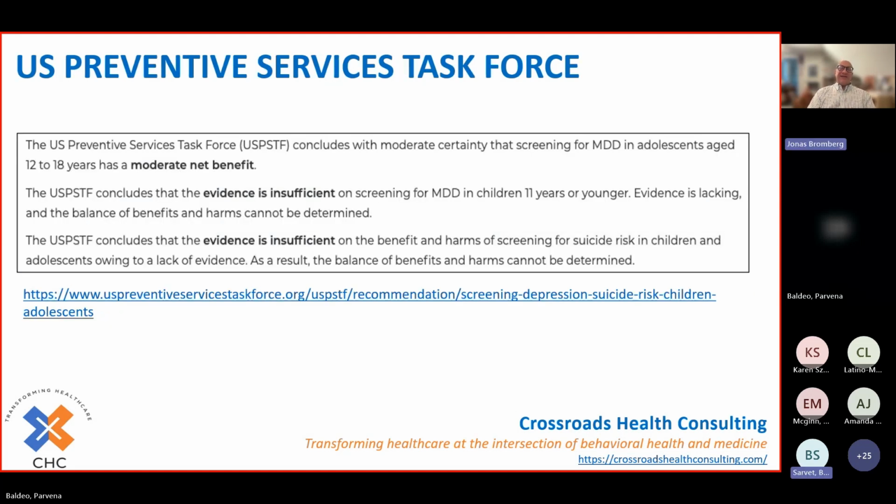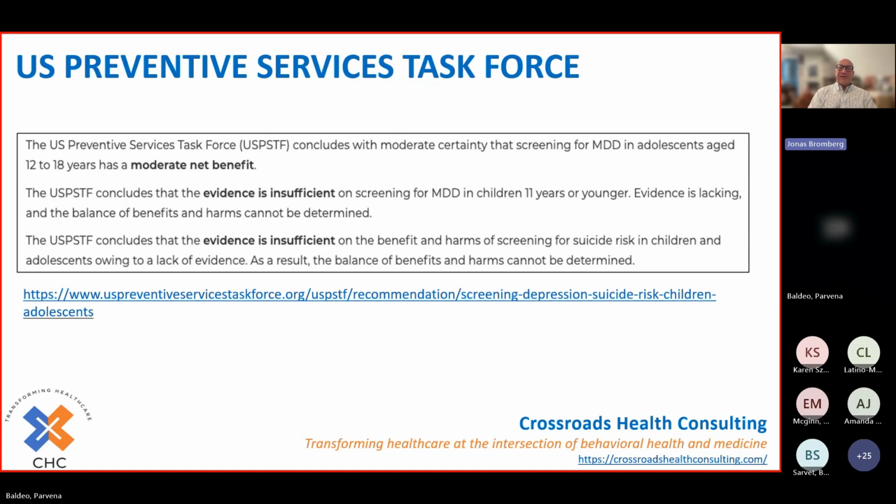The U.S. Preventive Services Task Force has some recommendations too, and something I think contributes to some of our confusion about how to do it and where to begin is that they conclude that the evidence is insufficient on the benefit and harms of screening for suicide in children and adolescents, and that the balance of that cannot be determined, so it cannot be determined whether screening is a useful thing or not. So I think that leaves many of us feeling like, wait a sec, this is a prominent government task force. How can they leave us in this way?